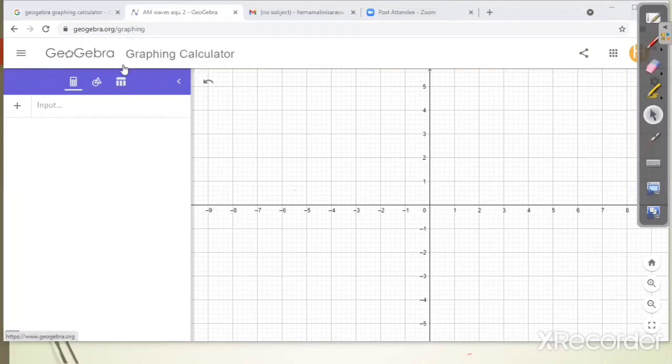So this is our GeoGebra platform, where we can practically see our AM equation. In this input, we have to type our equation.